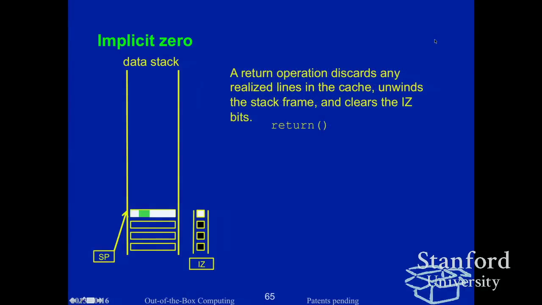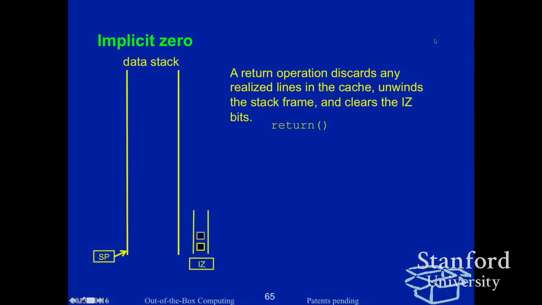A return operation discards all realized lines in the frame that you're returning from. So we've got one realized line here. We execute the return. That line is discarded. In the course of cutting back the stack, we reset so those lines are no longer part of the stack.